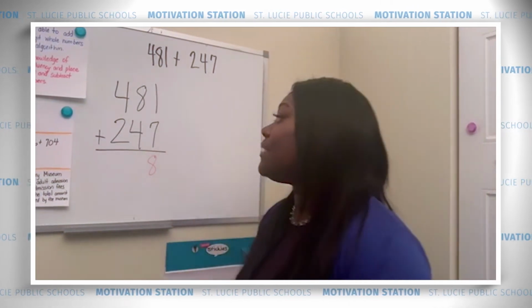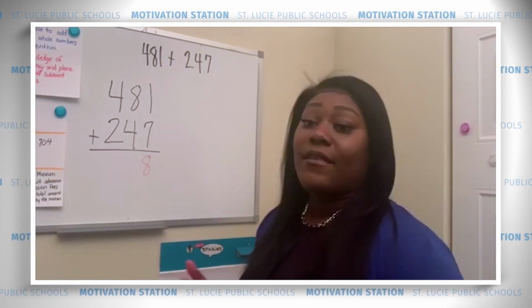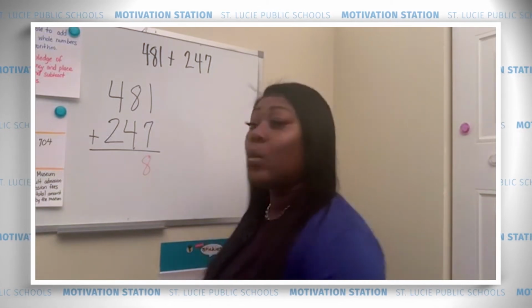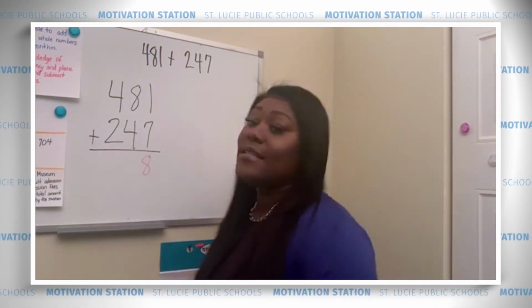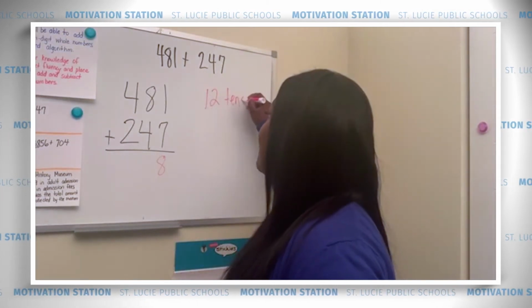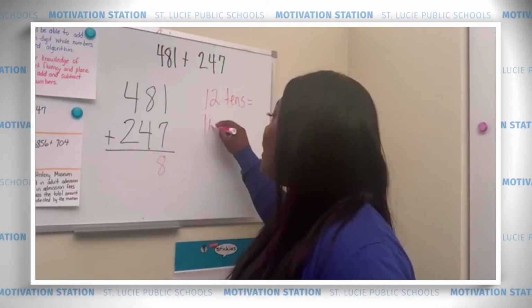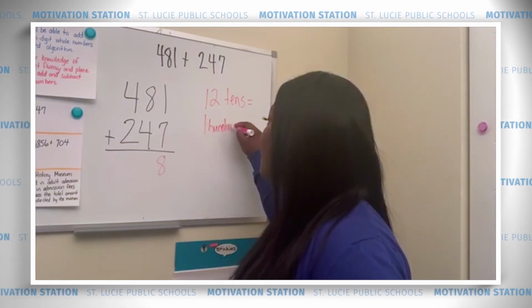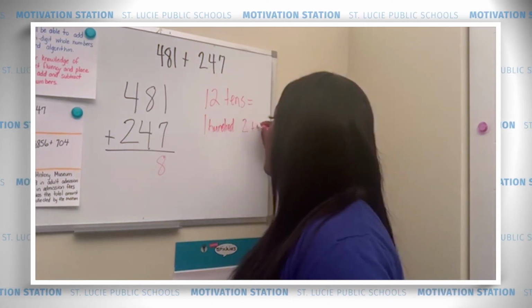Moving to the tens place, I have 8 tens, and if I add it to 4 tens, I will have 12 tens. 12 tens can be regrouped because 12 tens is also equivalent to 1 hundred 2 tens.